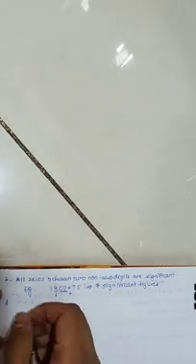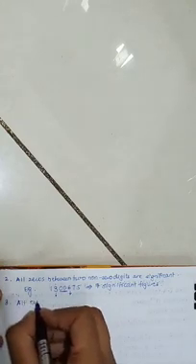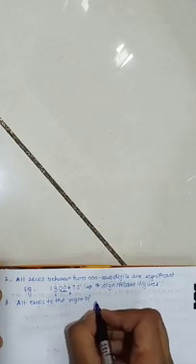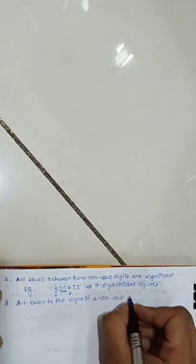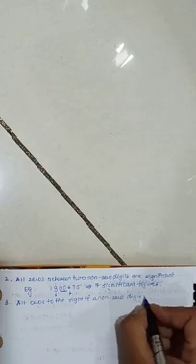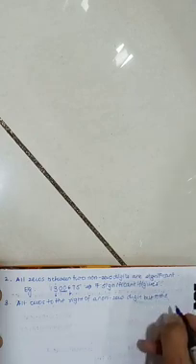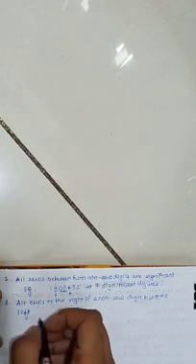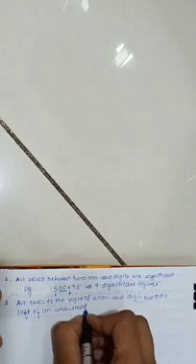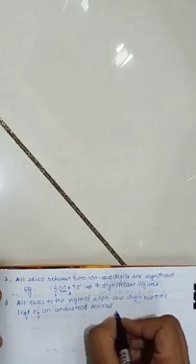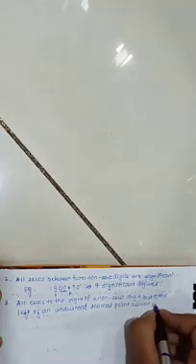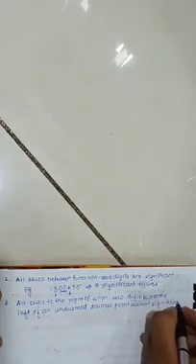All zeros to the right of a non-zero digit but to the left of an understood decimal point are not significant. What is the meaning of this?